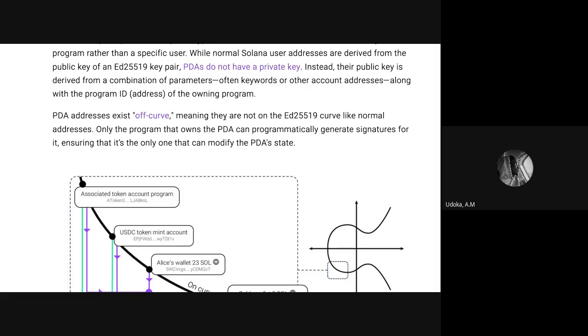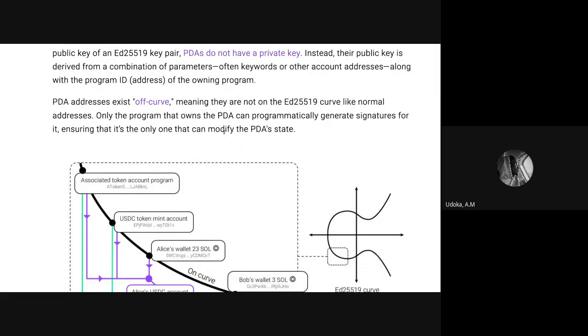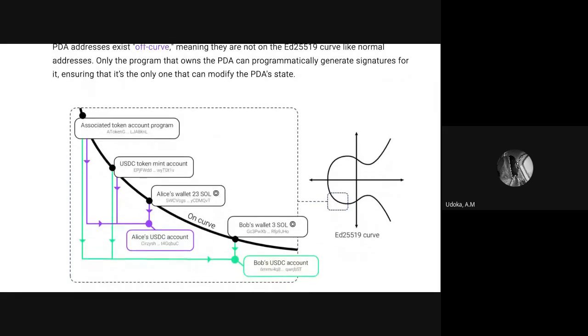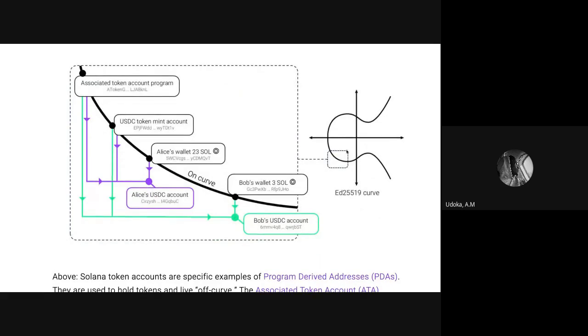What we mean by off the curve is that the only program that can operate or control the account is the program it's used by, because the account is created outside the elliptic curve at this marked part. It is off the actual Cartesian plane where regular accounts are created.